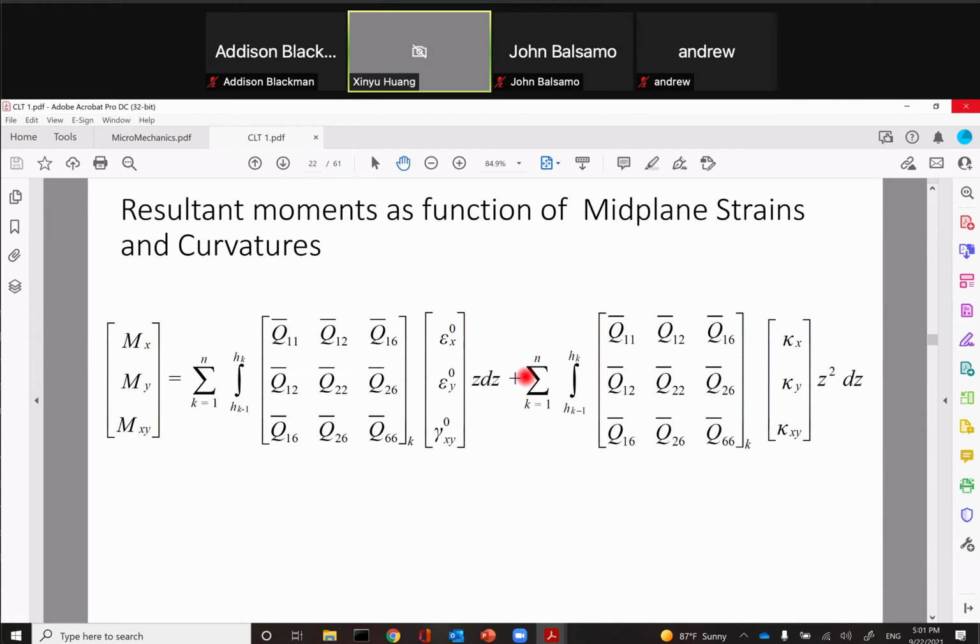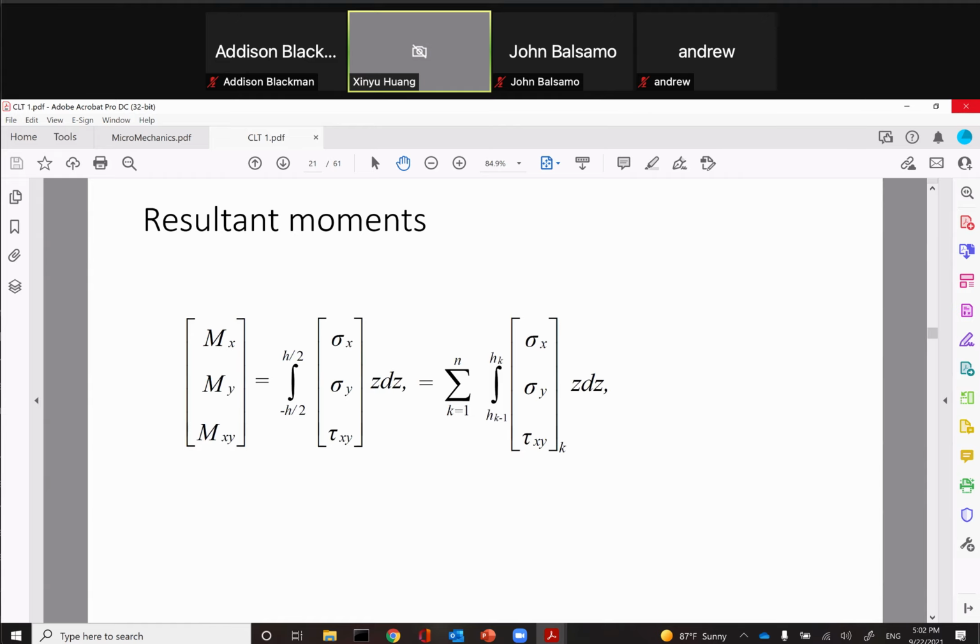This matrix, why does this become Z squared? Anybody follow this? Where does Z squared come from?